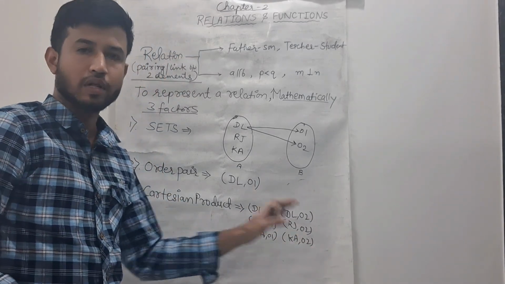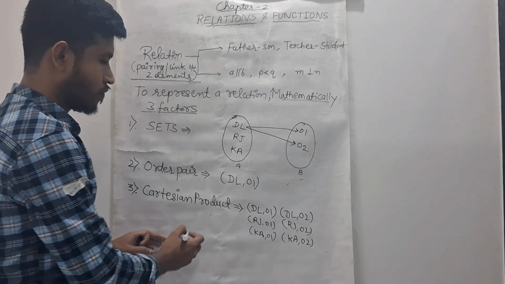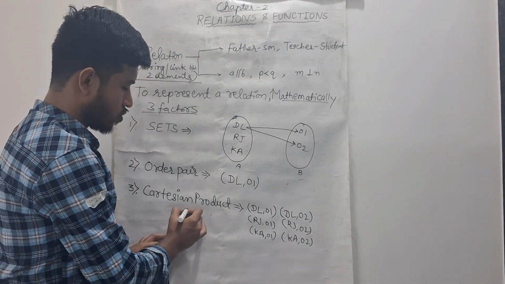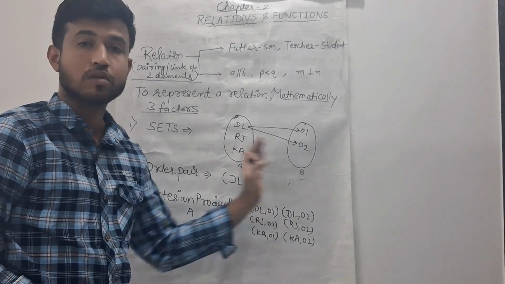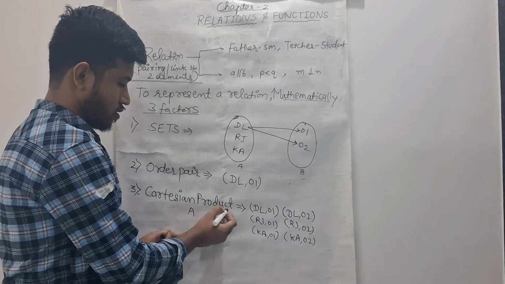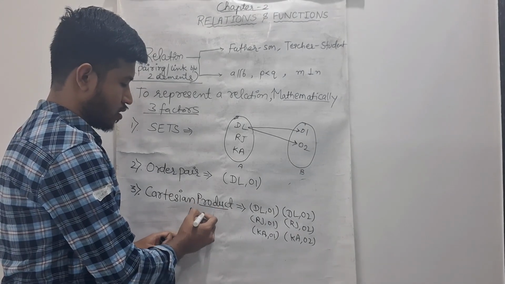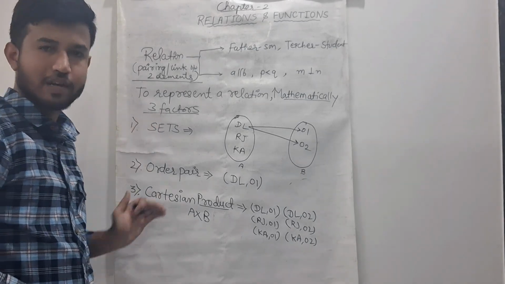These are all possible relations or all possible ordered pairs. So how can we get this? By operating on both the sets. What is the operation? Product. So we need these three factors.